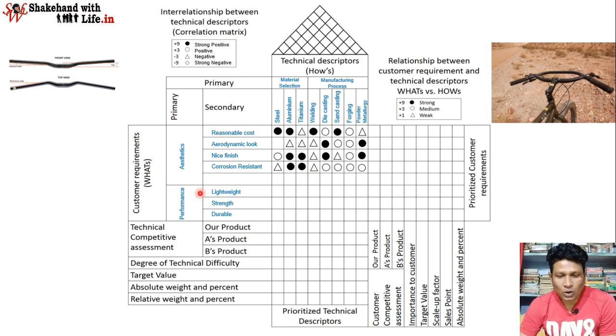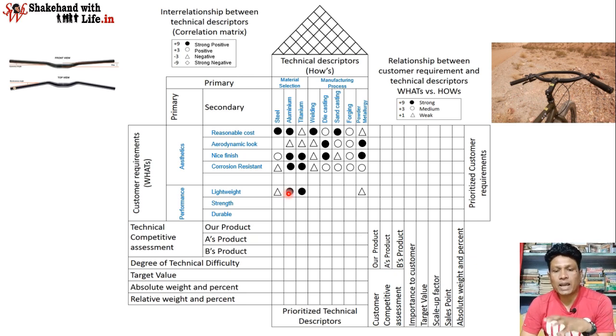Okay, now we take lightweight. For lightweight, the relationship with steel is very weak, or weak, you can say, because a triangle is there. But for aluminum and titanium, we can manufacture a lightweight handlebar stem.